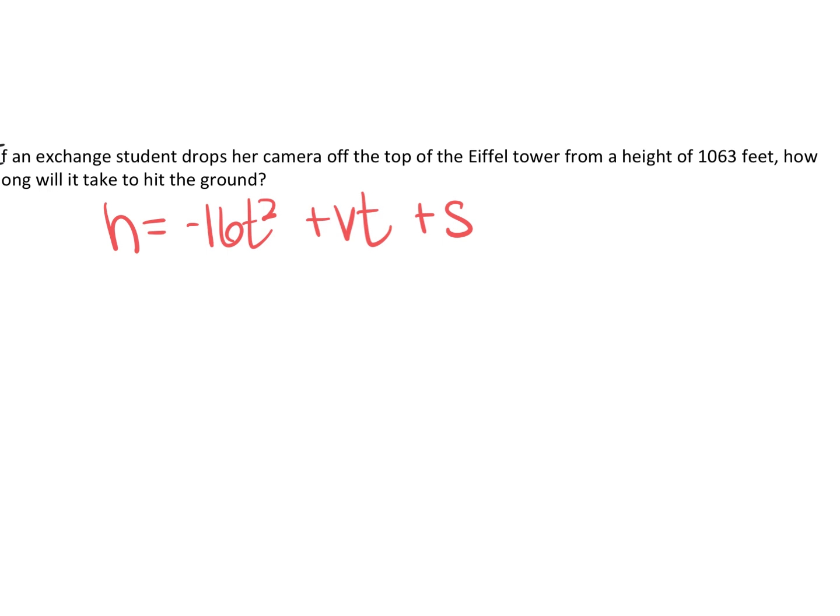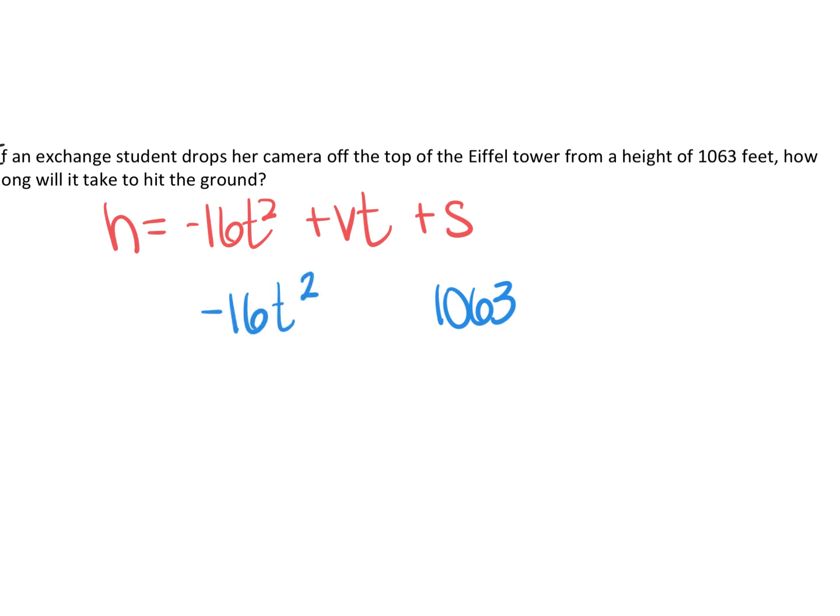All right, for our last example here, it says if an exchange student drops her camera off the top of the Eiffel Tower from a height of 1,063 feet, how long will it take to hit the ground? So again, we've got the starting height is going to be 1063, and then we have our negative 16 t squared.